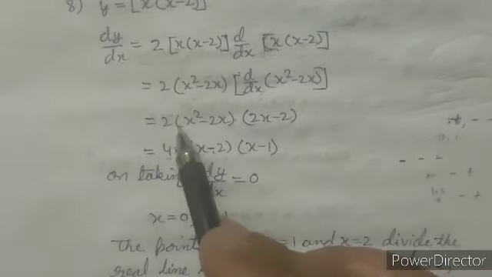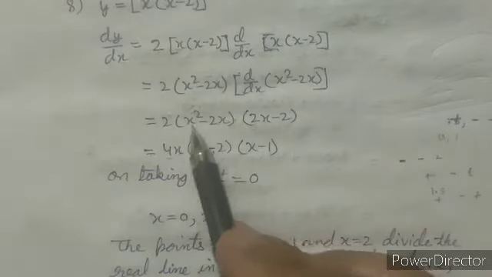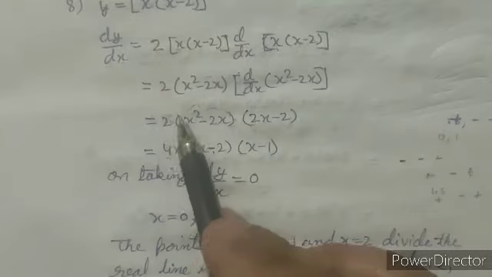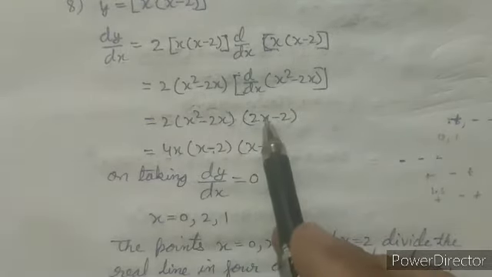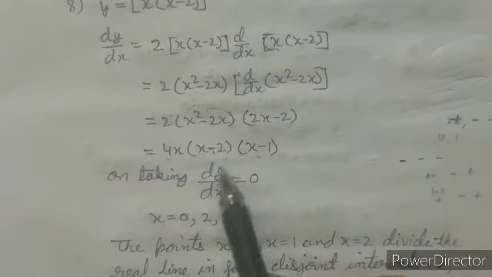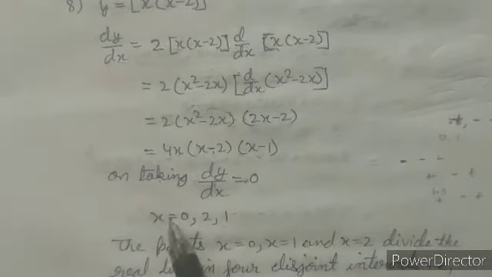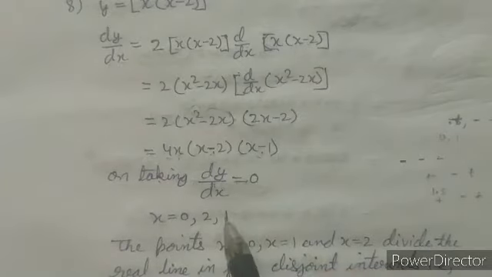On taking 2 common, and from the first factor we can take x as common, that will give us 4x into (x minus 2) into (x minus 1). Now on taking dy by dx equal to 0, the value of x will be 0, 2 and 1.